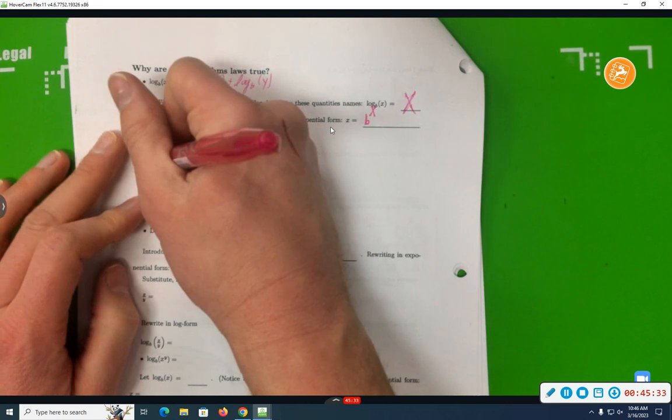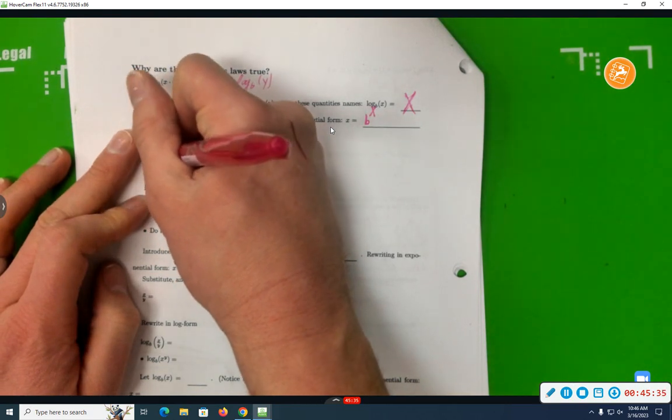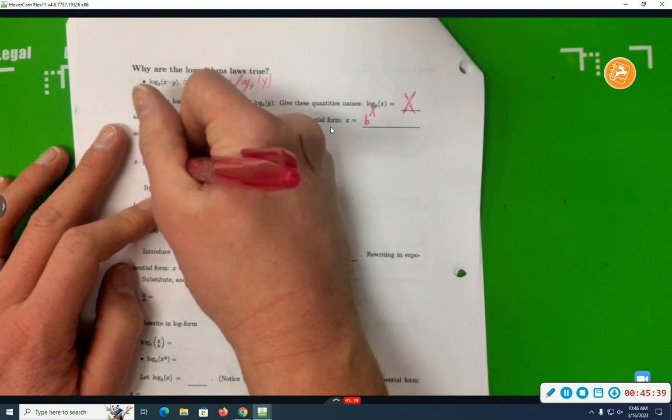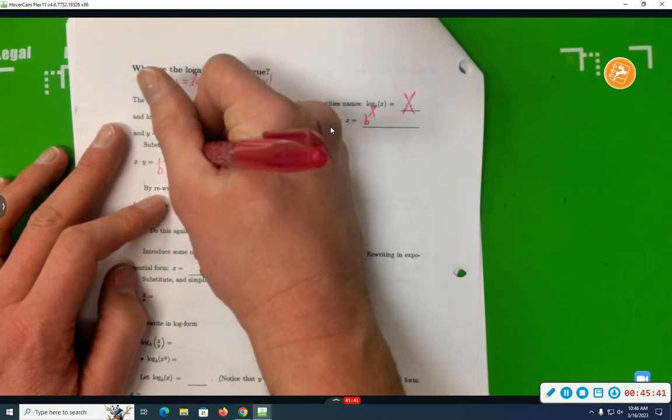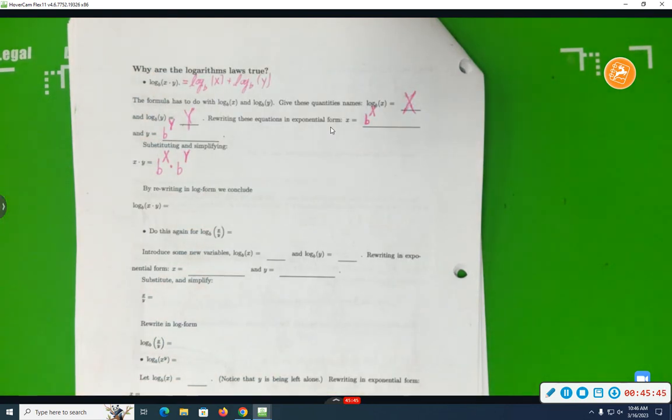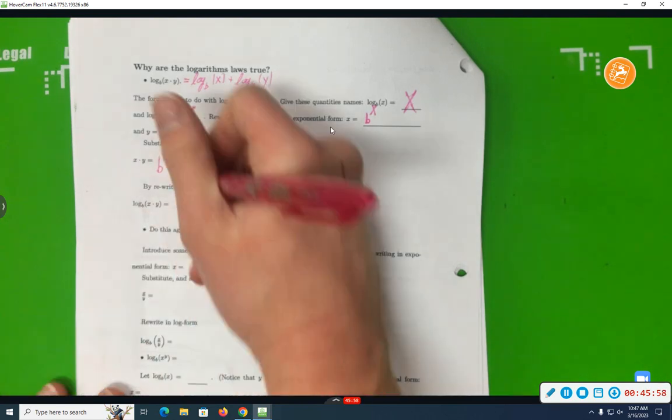So x is the same thing as b to the power capital X. y is equal to b to the power capital Y. Do we have any rules that say what happens when you multiply exponentials together? What is that the same as? Nope.